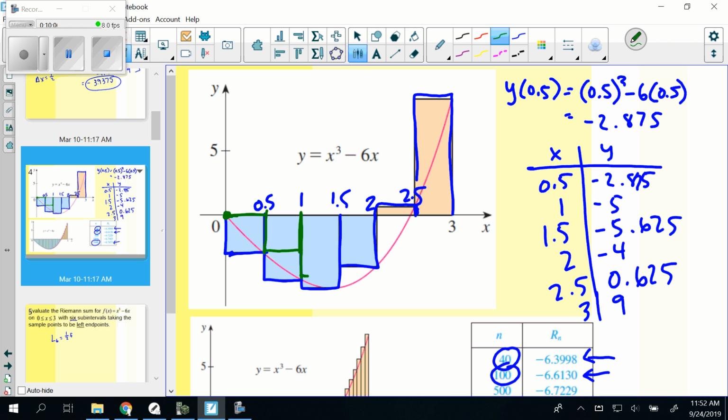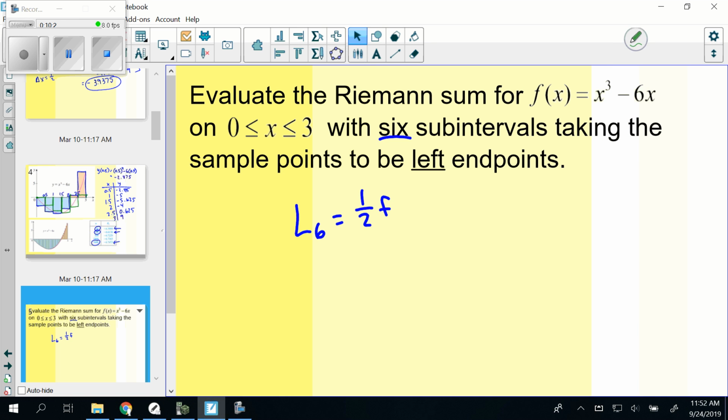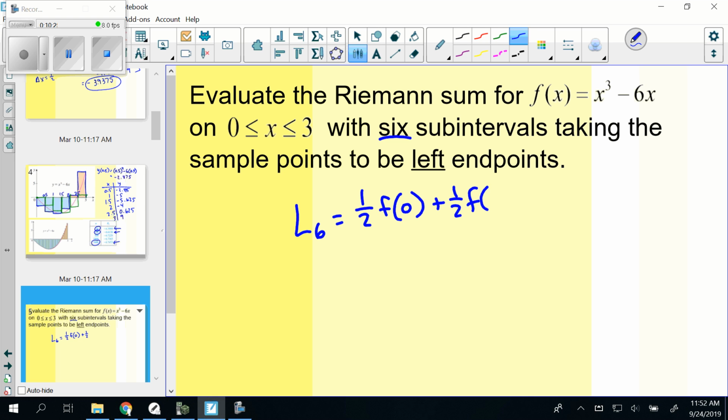The next one would be that, so you can see these become a little bit different. If we use the left side each time, some of these rectangles are now changing. If we use all those green ones, that would give the left side estimate. So you would start with f at 0 and add all these up, still going by 0.5, except now your last one would be using f of 2.5 instead of f of 3.